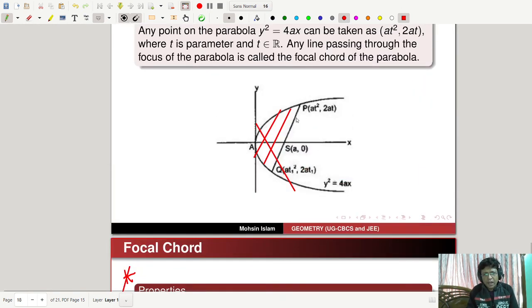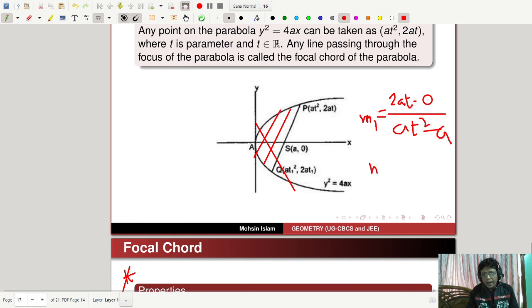You can get the slope of PS, that is M1, equal to (y2 minus y1) by (x2 minus x1). So it is (2at minus 0) by (at squared minus a).